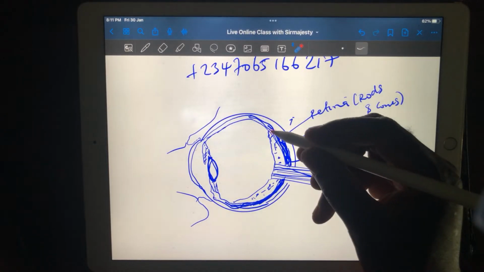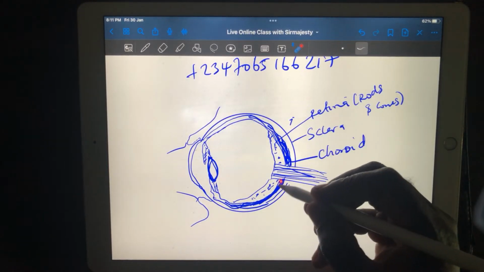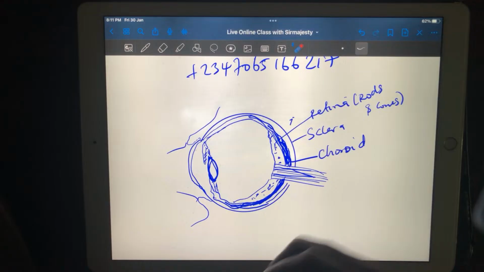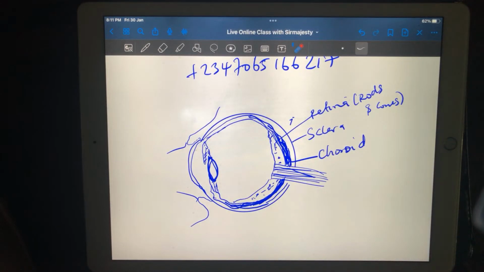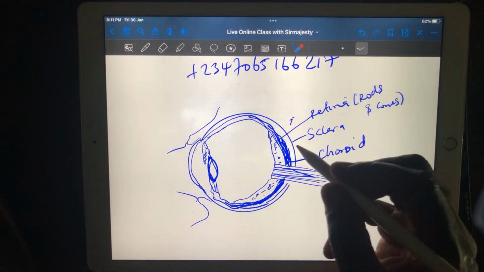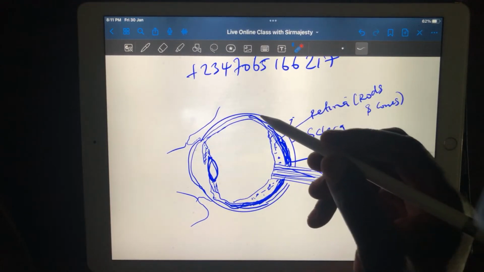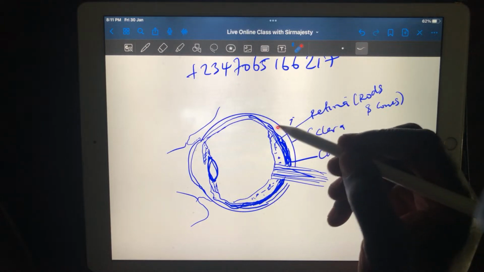So excess light entering the eye is absorbed by the choroid layer, preventing internal reflection. That's why we don't have eye shine like other animals, the hunters. When you flash a torch in their eye, it reflects back because they don't have this well pronounced choroid layer to absorb excess light.